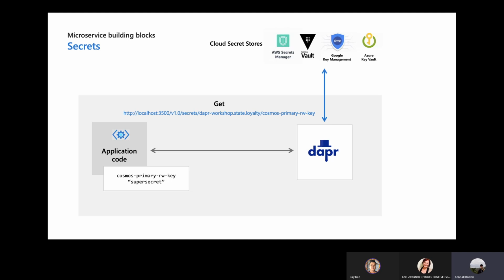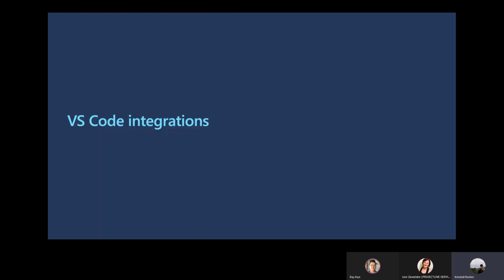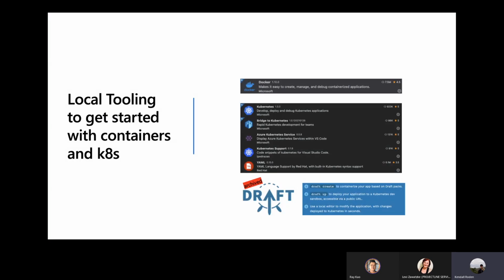So now that we've talked a little bit about Dapr and KEDA, I also want to just briefly touch on Visual Studio Code. So Visual Studio Code is really a very powerful IDE, one of the most popular IDEs, I believe, based on the open source community and some of the data that's come out of some recent surveys. But it's really powerful, and we've done a lot to make sure that we're integrating extensions that make working with Kubernetes on Azure or really anywhere easier from a development perspective.